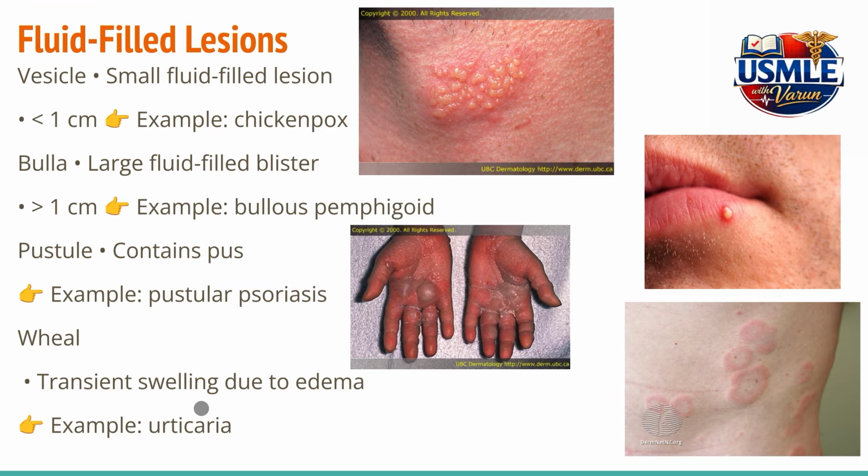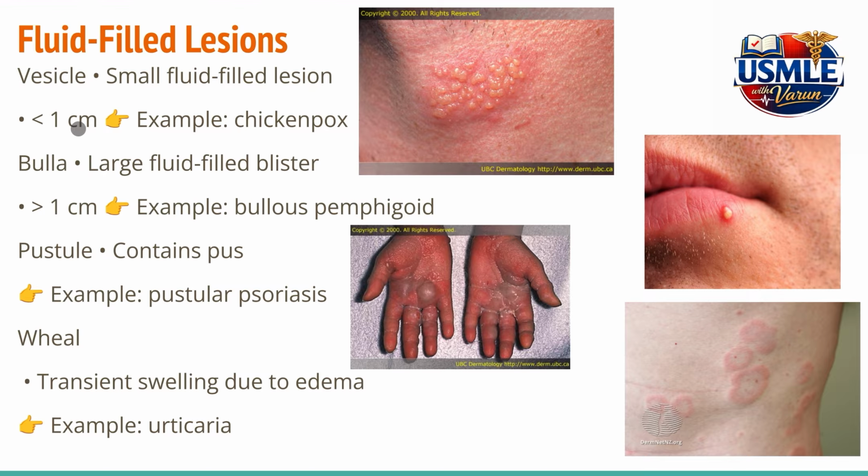Alongside primary skin lesions, we have a few other lesions called the fluid-filled lesions, characterized by a vesicle with or without pus. A vesicle is nothing but a small fluid-filled lesion. Whenever it's less than 1 centimeter, it's called a vesicle. When this vesicle is larger than 1 centimeter, we need to call it a bulla.